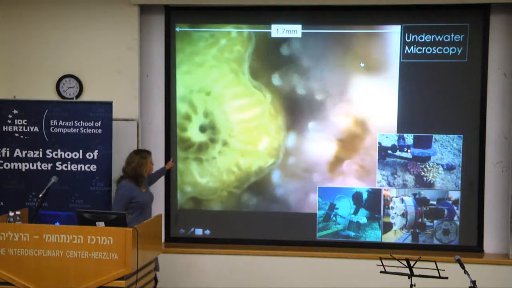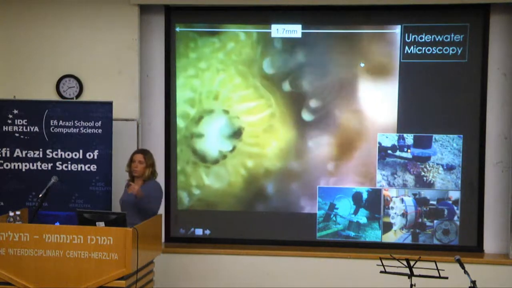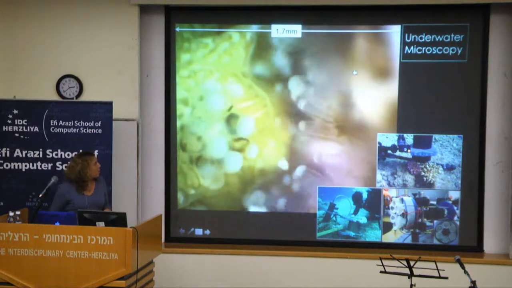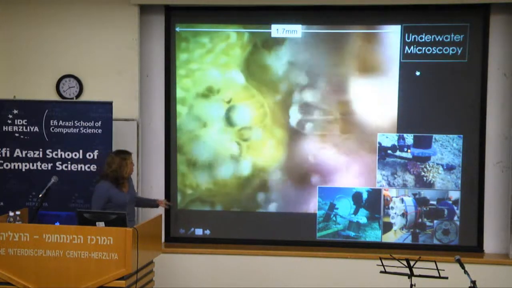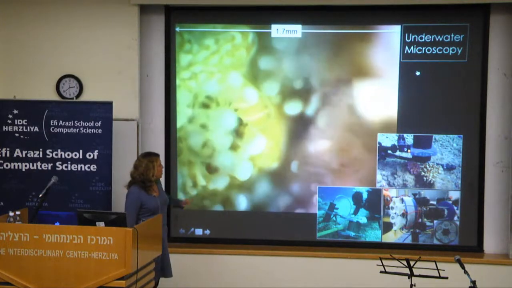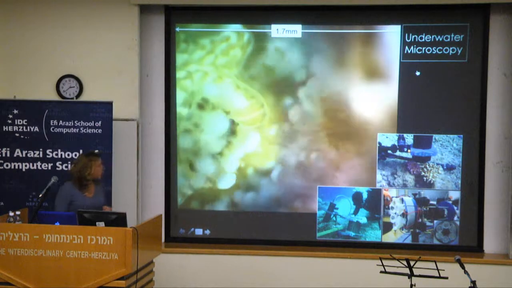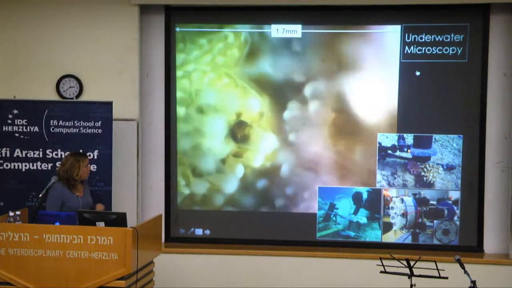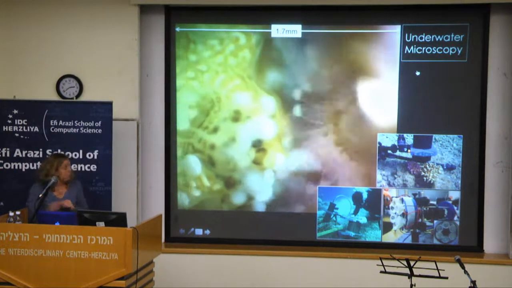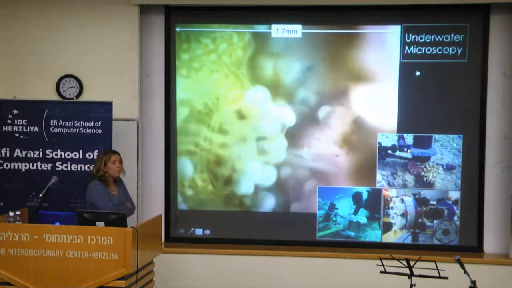So the field of view you see here of the full image is 1.7 millimeters. Try to do it with your fingers. It's pretty small. And here you see one polyp. That's the coral animal. And on the right side, the second one, that's the other species. And what's happening, if you're guessing, is that they're fighting.